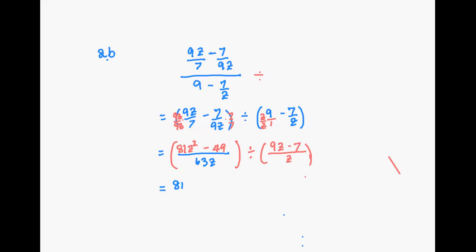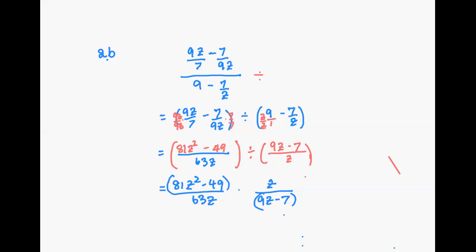Now we get 81z squared minus 49, all divided by 63 times z, multiplied by the reciprocal of the denominator, 9z minus 7 over z, which is z over 9z minus 7. And I'm going to put parentheses around to make sure that we treat them as a group.